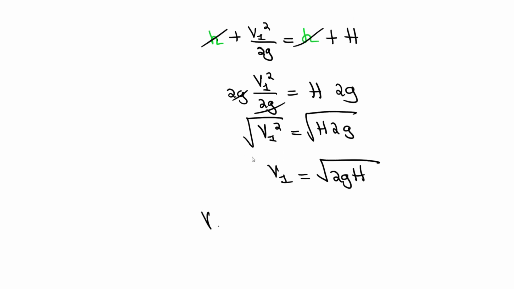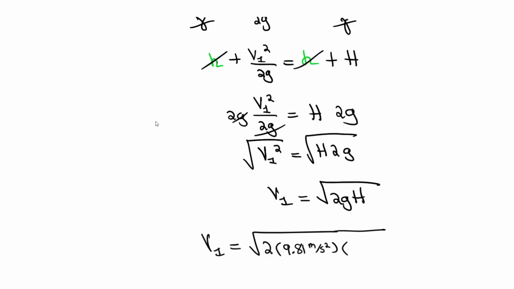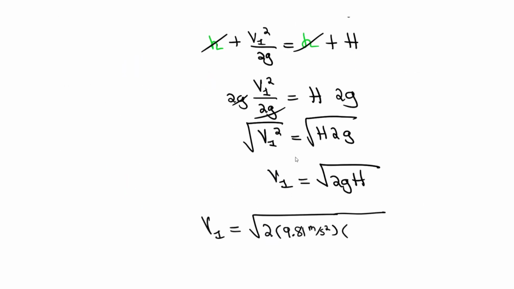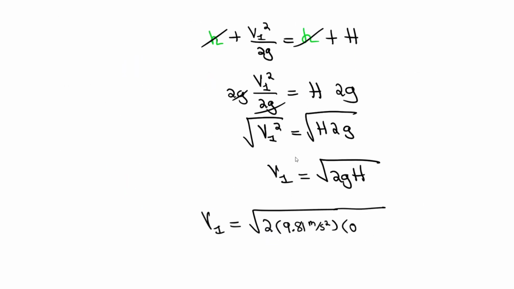We can solve for our final answer. We take 2 times 9.81 meter per second squared. And we know here h is given to be what? So this height here is given to be 16 centimeters, which is 0.16 meters. So that is 0.16 meters.